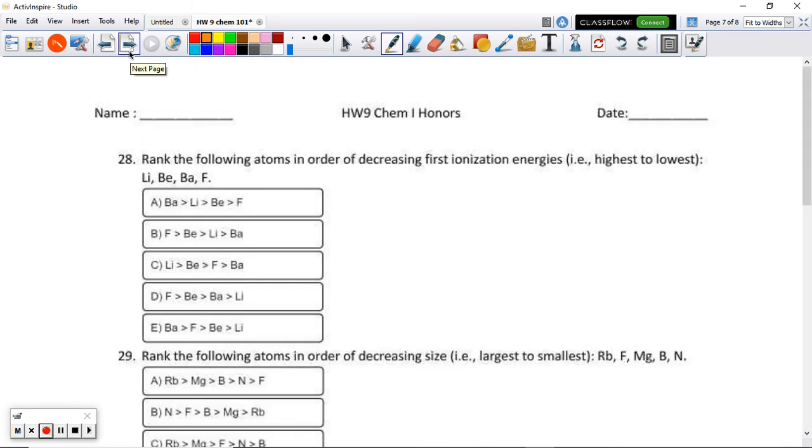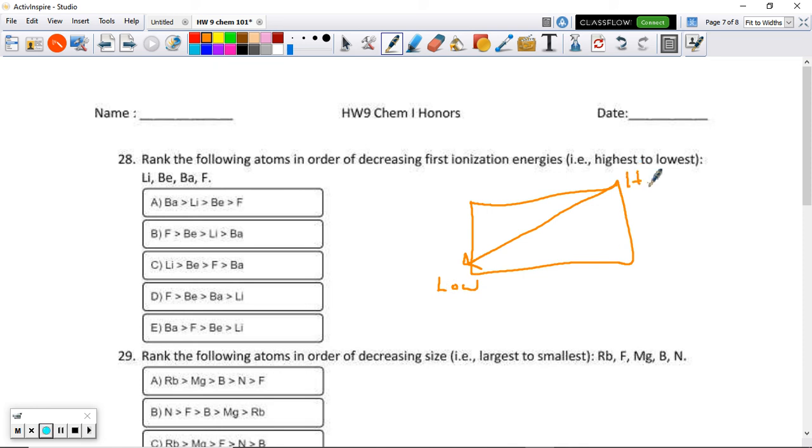All right, 28. Rank the following atoms in order of decreasing ionization energy. Again, if this is my periodic table, ionization energy increases as we move this way. So this is low, this is high. So lithium, beryllium, barium, and fluorine.